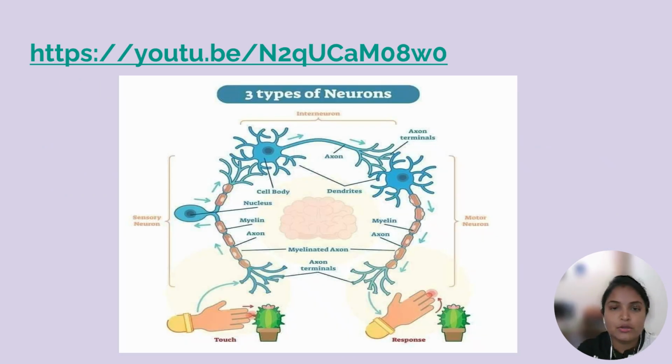Now see here the association of the three types of neurons. Any stimulus that is kept in the outer environment, the receptor in your hand touches it, gets the prick of it.